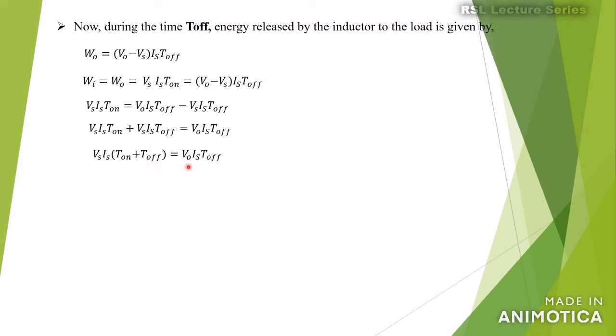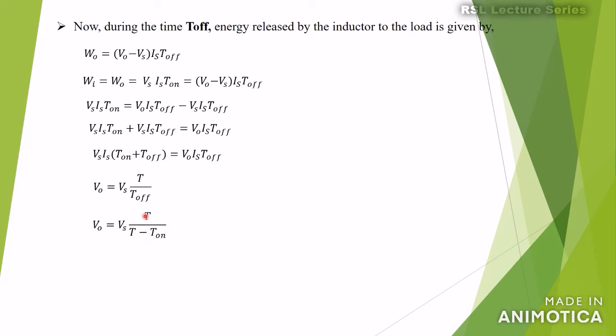So now V naught is given by Vs into the total time period, or the chopping period, divided by T off. So V naught is equal to Vs into T divided by T off. We also know that T off can be written as T minus T on. So now V naught can be written as Vs into T divided by (T minus T on).